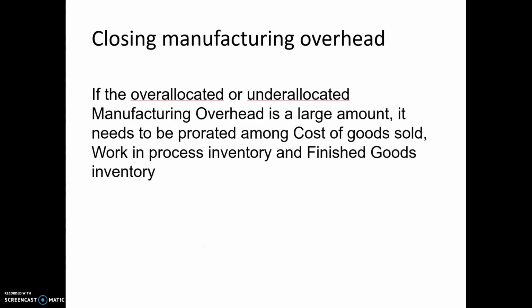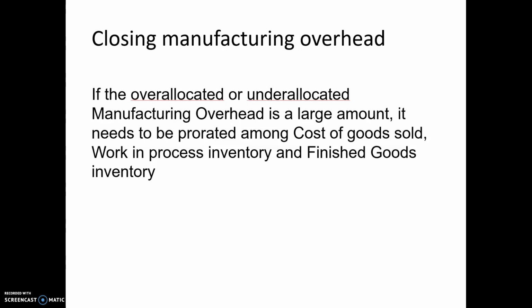So this is why if it's a large amount that's been over or under allocated, that's when we're going to put some of it into cost of goods sold, work in process inventory, and finished goods inventory. For our purposes, we're just going to be looking at closing it into cost of goods sold.